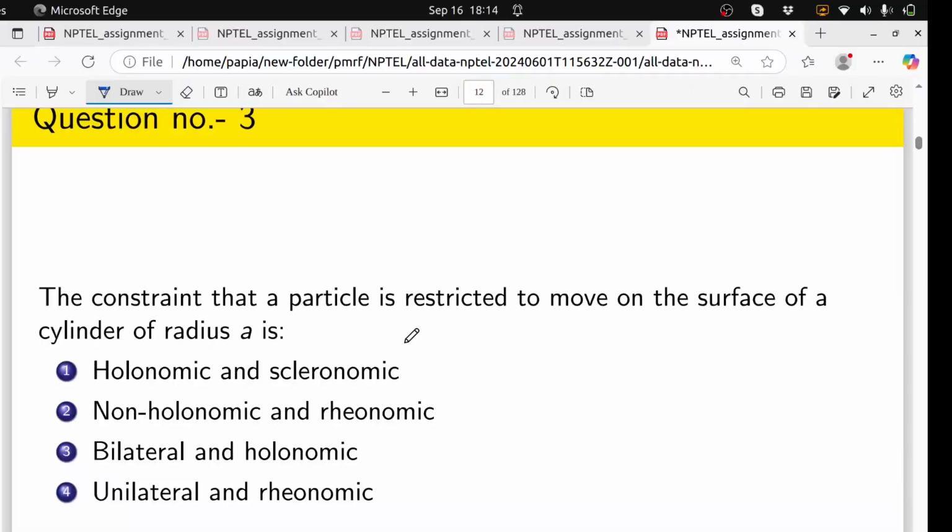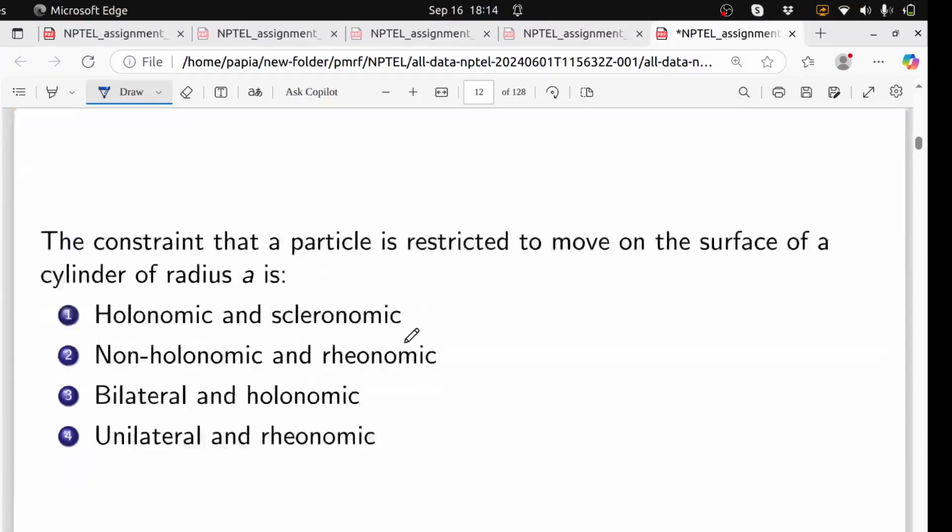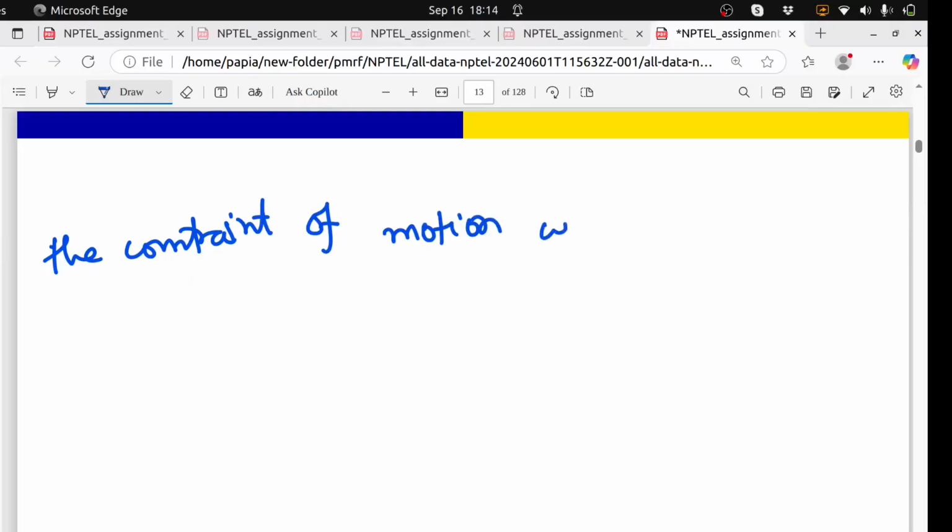The constraint is that a particle is restricted to move on the surface of a cylinder of radius a. Okay, so first of all we need to write the constraint of motion for this case.